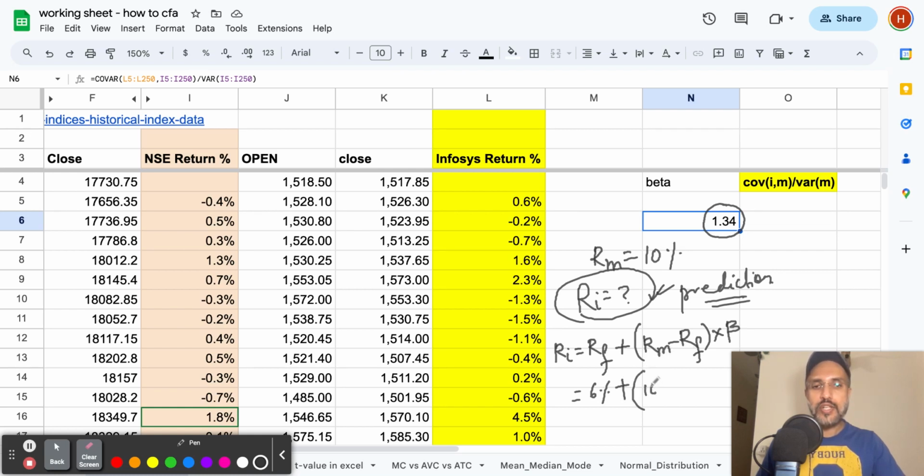This was already given, that in future your market return is 10%, minus RF, which is 6%, multiplied by beta. Beta you have already calculated as 1.34. So when you put these values, you will get that the Infosys stock will go up by 11.2%.